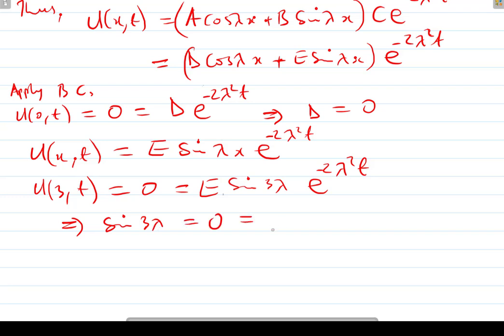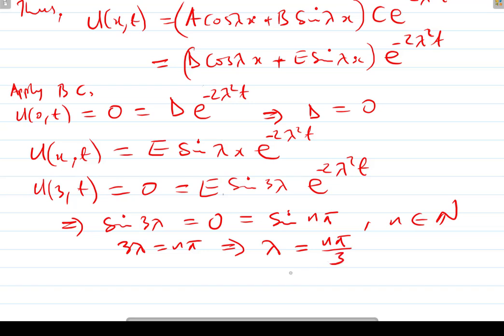Now we know what this means. It means that sine n pi is equal to 0, where of course n is any natural number. Then 3 lambda is equal to n pi, and this implies that our lambda is just n pi over 3.